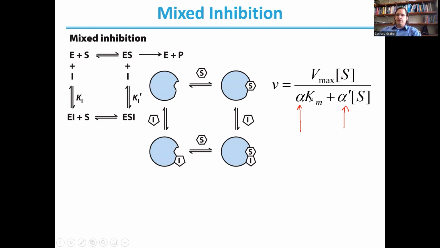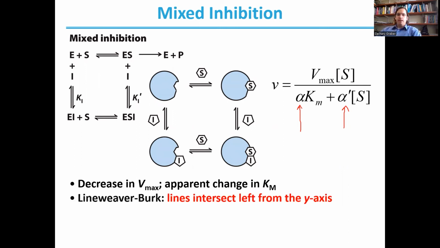And we'll have to use both of these to calculate the overall rate of our reaction. So now we would see a decrease in our Vmax, as we saw with our uncompetitive inhibition, and an apparent change in our Km, as we saw with our competitive inhibition. In our Lineweaver-Burk graph, we would see our lines intersecting left from the y-axis. So we would still have an intersection, but it would no longer be on the y-axis, as our Vmax values would be changing.